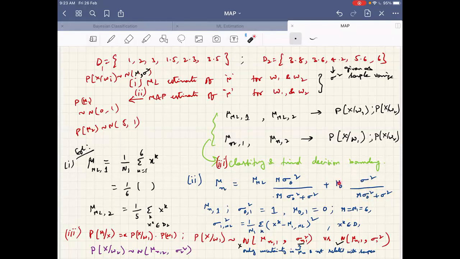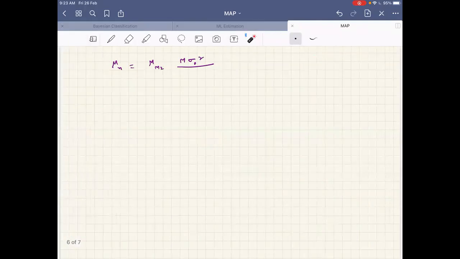In that way the vote goes to mu ML, over sigma naught square plus sigma square, times mu naught. In the multivariate case, exactly like this.